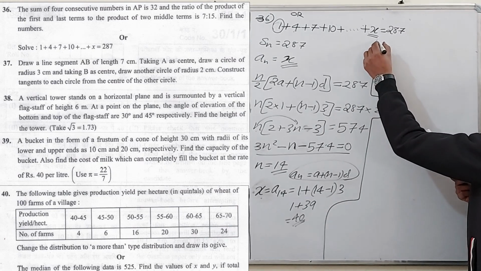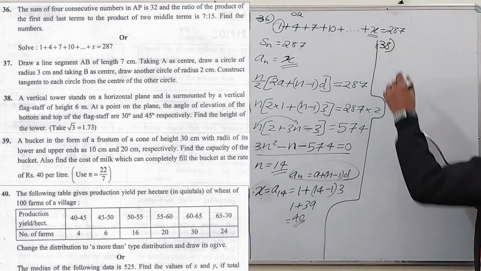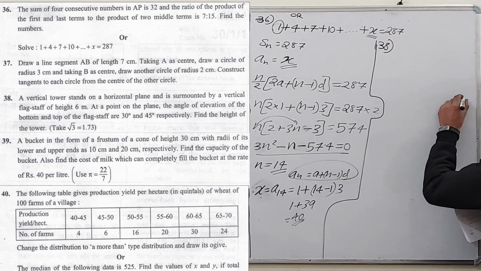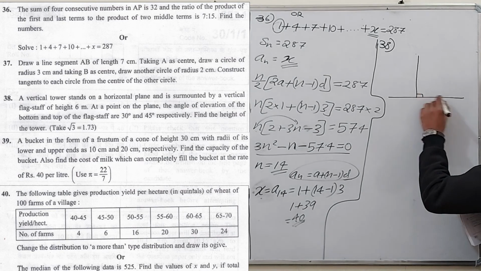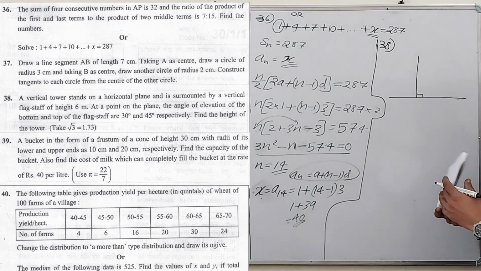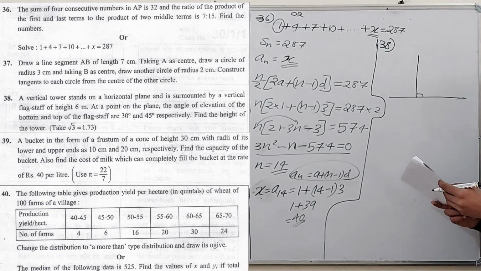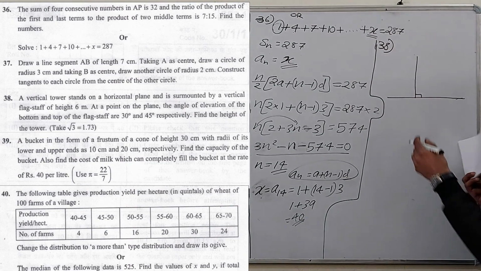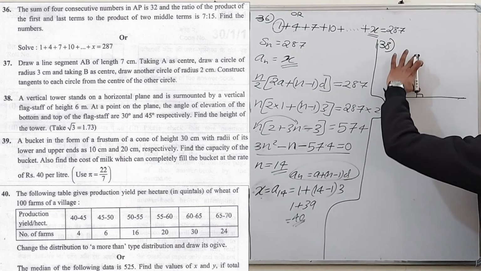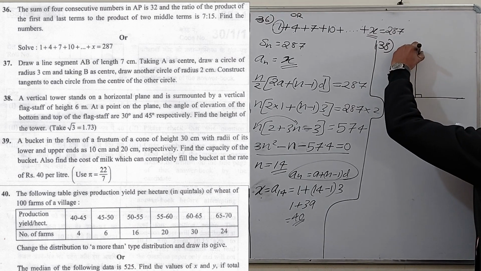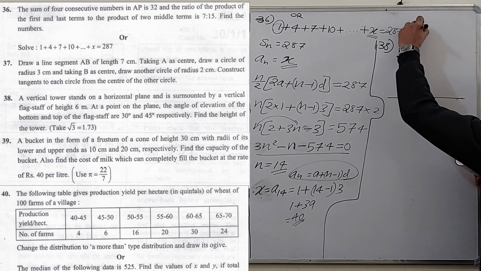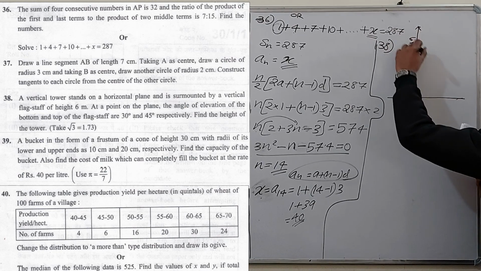Question number 38 is from application of trigonometry. A vertical tower stands on a horizontal plane. So this is the vertical tower standing on a horizontal plane and is surmounted by a vertical flagstaff of height 6 meters. So this tower is surmounted by one more flagstaff with a 6 meter height on this tower.